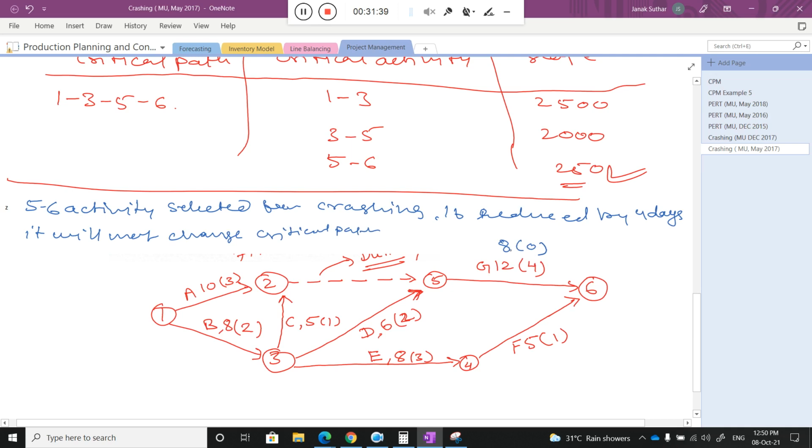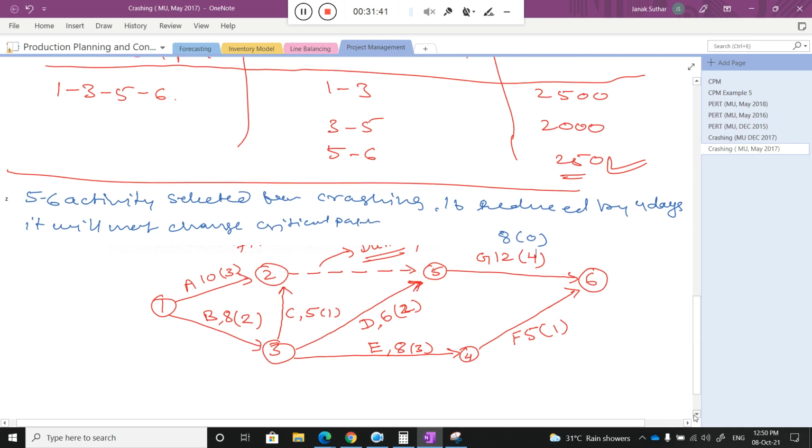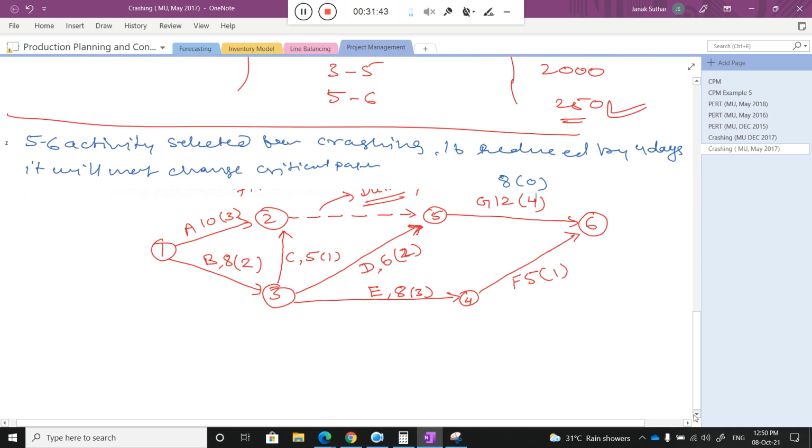Now I again calculate all the paths available in this network diagram. Quickly let me know the paths available, class. Quickly help me because we want to complete on time. 1 2 5 6: this is 10 plus 8 is equal to 18 days.